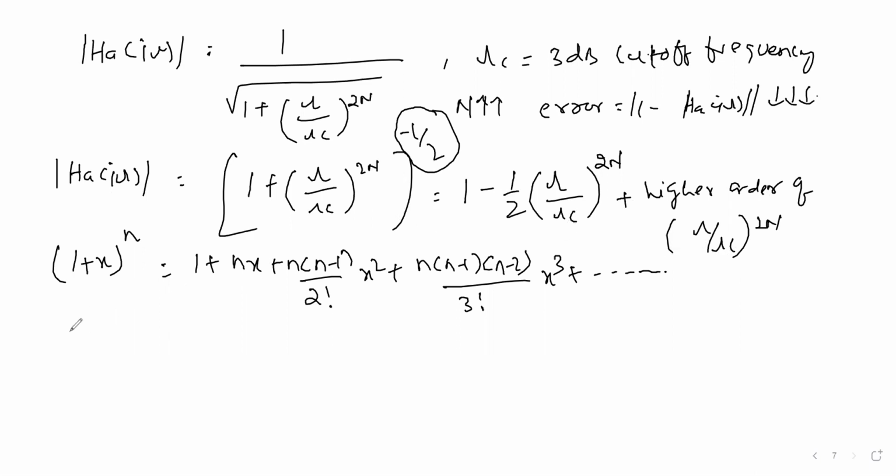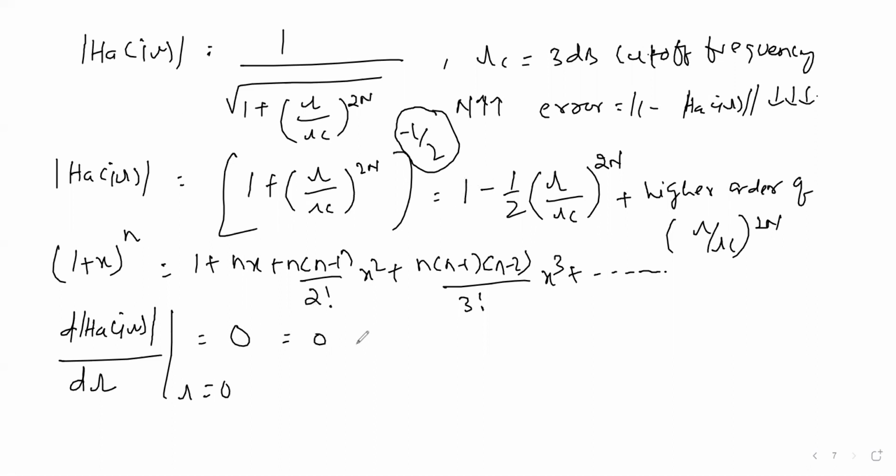Now, if you differentiate with respect to omega, and if you put omega equals 0, what will we get? We will get 0. Yes or not? Because if you differentiate, the first part becomes 0. There is no doubt.